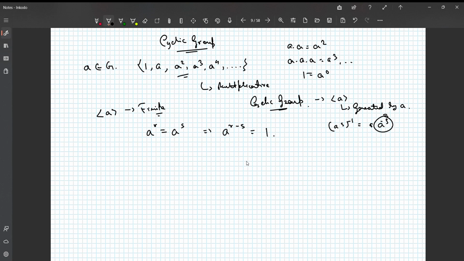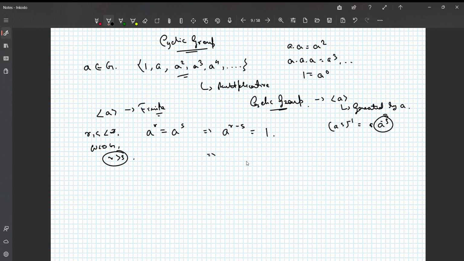So it's A to the power r minus s, and r minus s is obviously a finite number, because r and s are finite numbers. The elements must coincide after a finite number of terms. Without loss of generality, let us assume r is greater than s, so that's a positive integer.